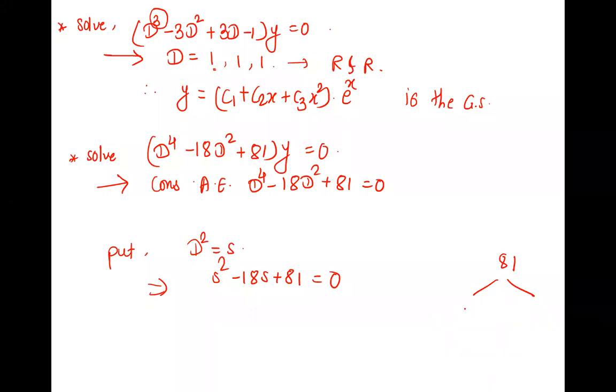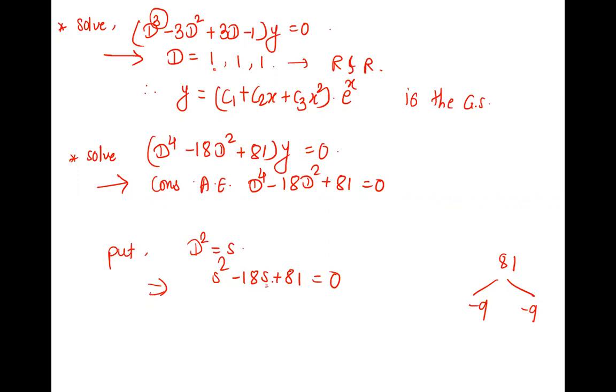So how can you factorize 81 with minus 18? Minus 9 into minus 9. Yes, very good. So this is one way, or go to the calculator now. Go to equation, degree. Degree is 2, but it is in s.